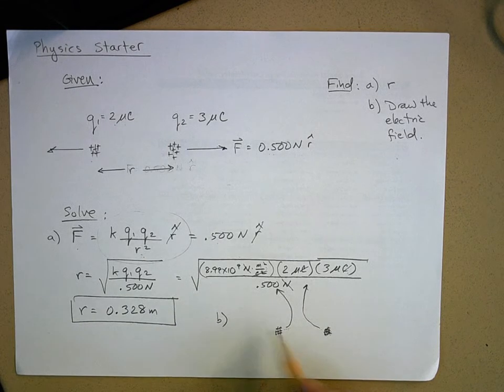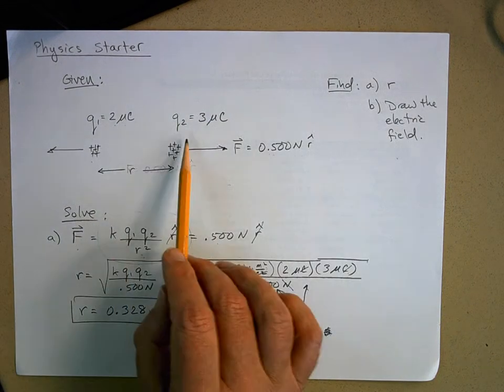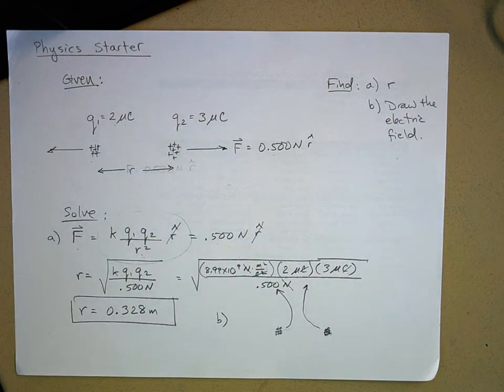And I think what I'll do is I'll draw maybe 4 field lines for this one, but I have to draw 1.5 times. You see that this has 1.5 times more charge? So I have to draw 1.5 times more field lines. So what's 1.5 times 4? It would be 6.